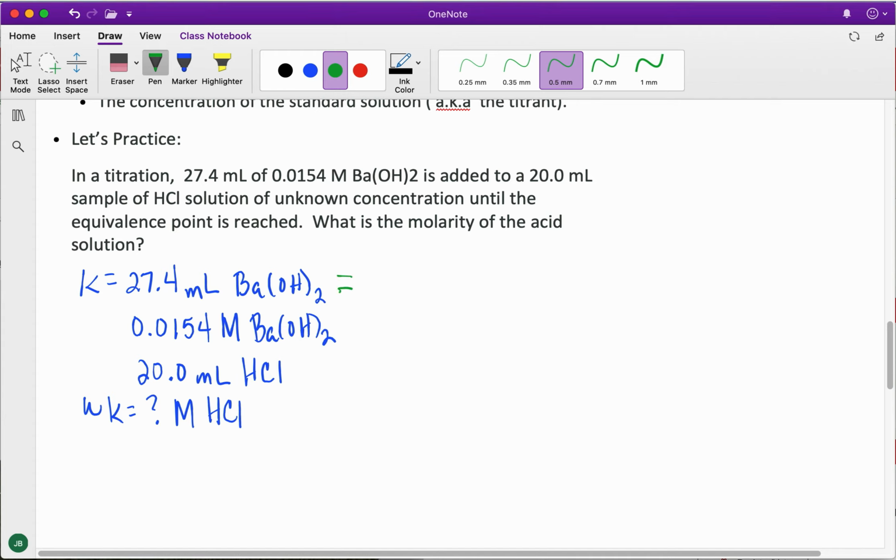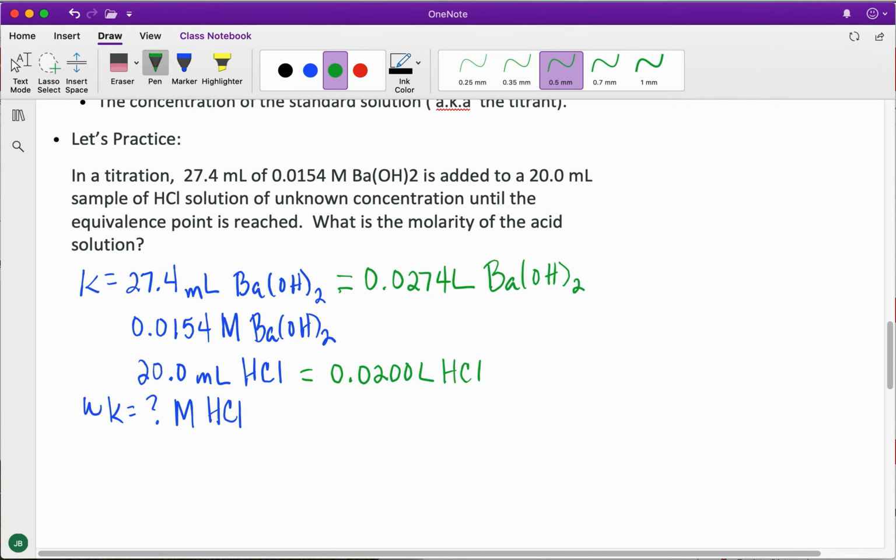So that is going to be 0.0274 liters of barium hydroxide. And let's do that for the hydrochloric as well. So that's going to be 0.0200 liters of hydrochloric.